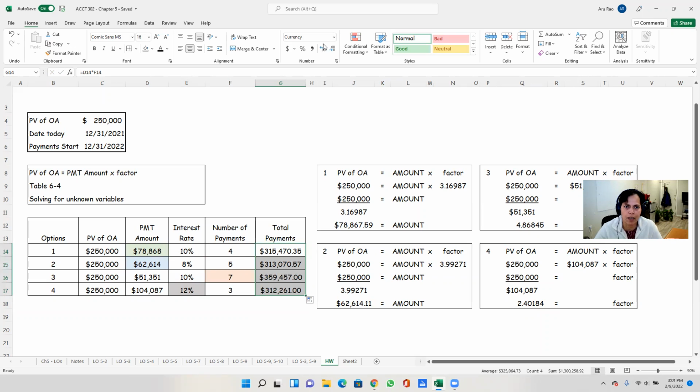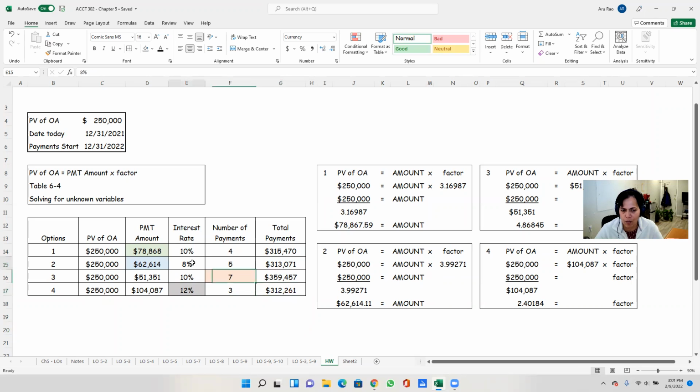Okay, and again, I dropped off the zeros over here. And which one do we see that is the best case or worst case scenario? So the fourth one, although the interest rate is the highest, because the number of payments is the lowest, I say I'm going to pay it off in 3 years. The total payments, you will notice, is the smallest.